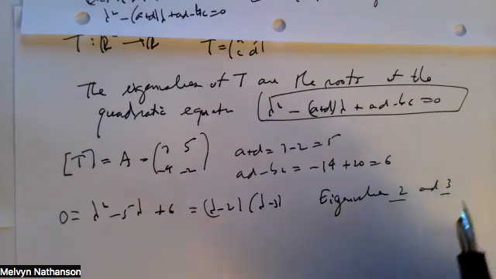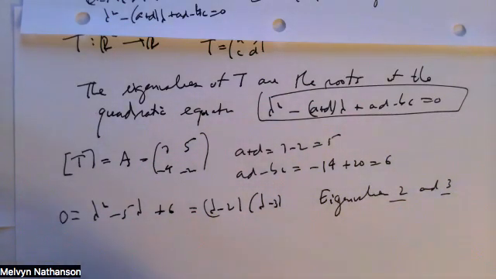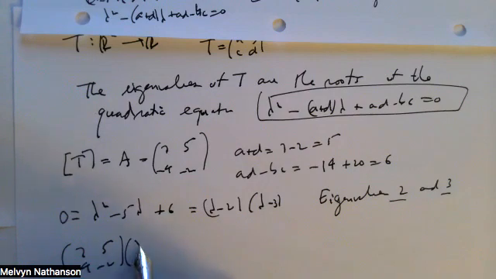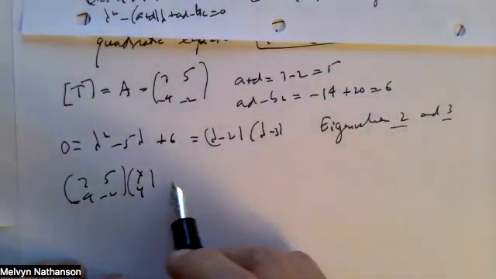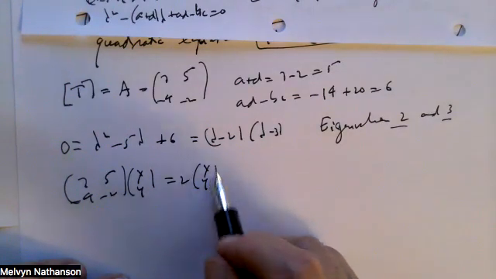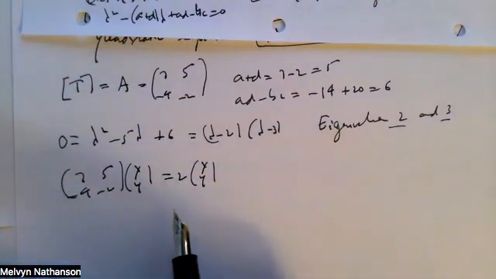Let's look for the corresponding vectors. That is, we should be able to find vectors x, y. The first one would be that 7, 5, minus 4, minus 2, applied to the vector x, y should just be 2 times x, y. So this should give us some equations we can solve for x and y.